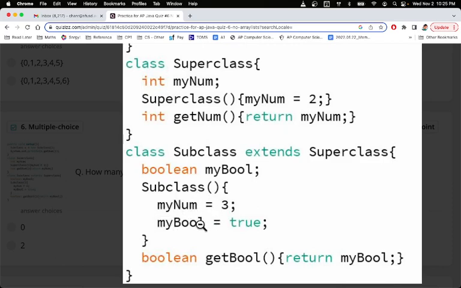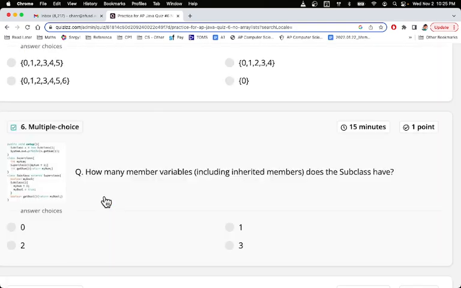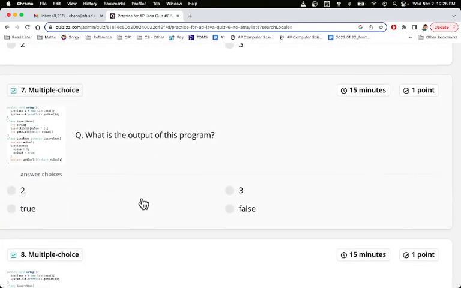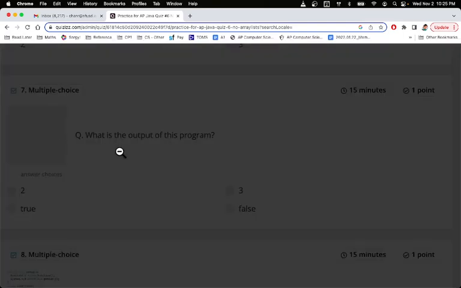I would prompt the class to fill in the blanks, right? The constructor's job is to fill in the member variables. Oh, very good. Okay, so there are 2 here. So that gives you a hint on why there are 2 member variables if you didn't see that it was at first inherited. For number 7, what is the output of said program involving subclass and superclass?